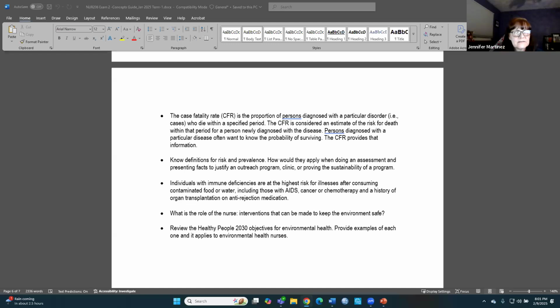Is risk something that could negatively impact something, I guess. Okay. So the risk, right? Why and how the disease occurred. Okay. What's the prevalence?